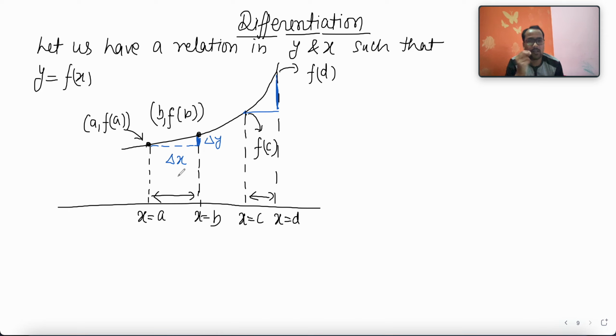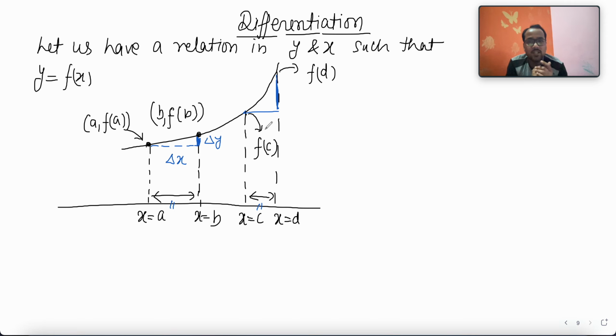Because suppose this gap is the same for both, let's say 1 unit. For 1 unit change in x, the change in y is delta y here, and for 1 unit change in x, the change in y is more as compared to delta y.